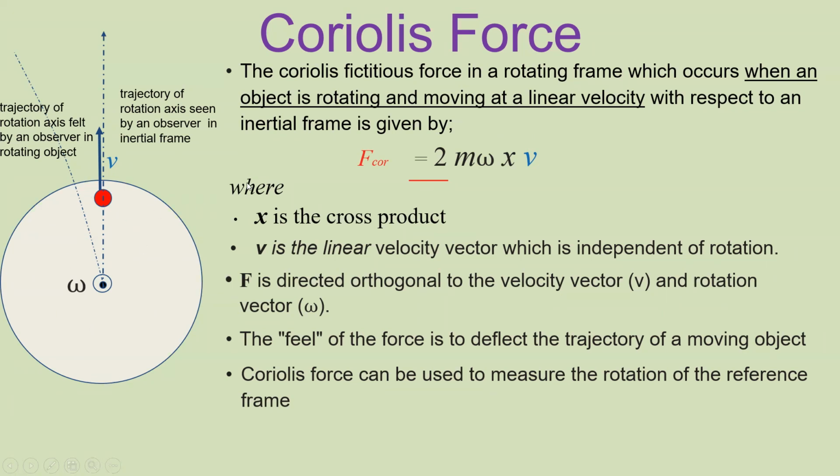So there is a mass, and 2 times mass times omega, the angular velocity, and this is not multiplication, this is a cross product. You may have come across cross product in your first year. What is cross product? Cross product between A and B, that means A cross B, is equal to AB sine theta in magnitude, and direction-wise, how to find the direction of the cross product between A and B?